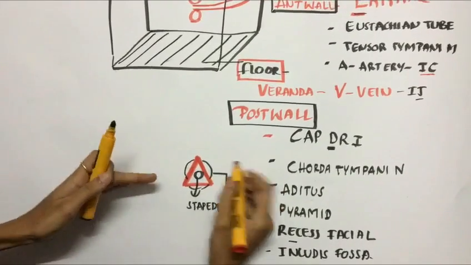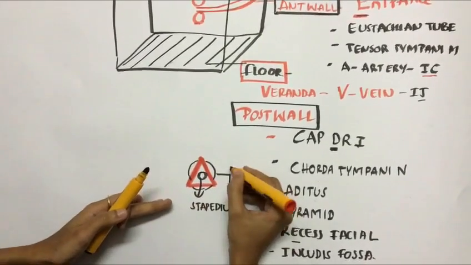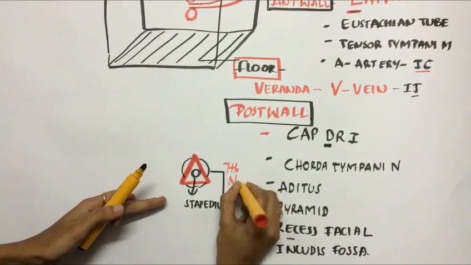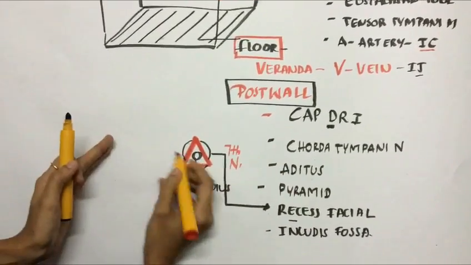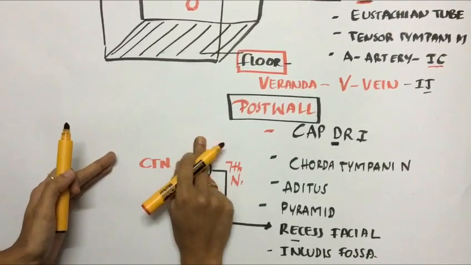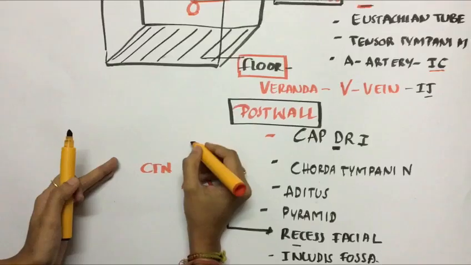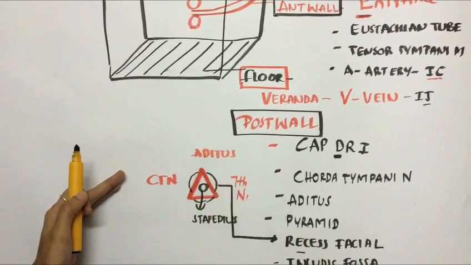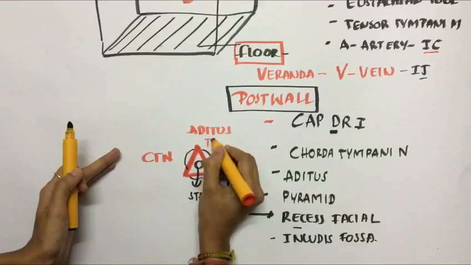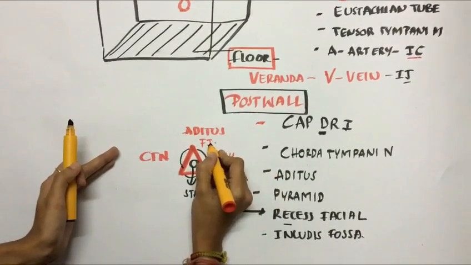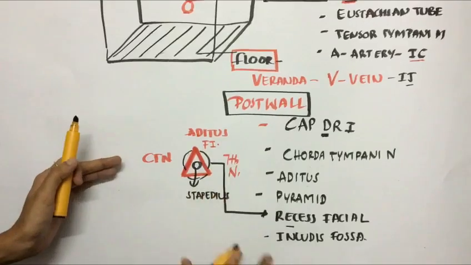Medial to the pyramid or medial to the facial recess, there is the 7th nerve. And lateral to this, there is the chorda tympani nerve. And above this, there is the aditus and fossa incudis. Fossa incudis is the space through which the incus passes. Okay.